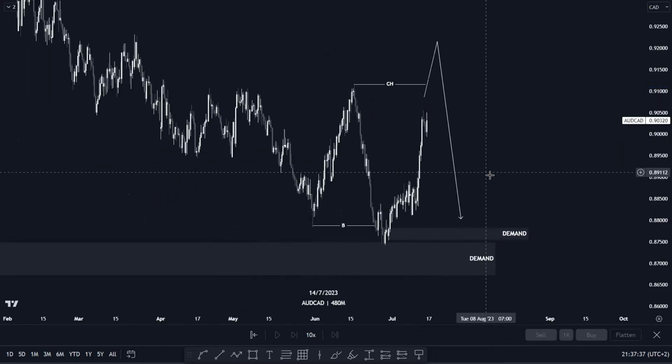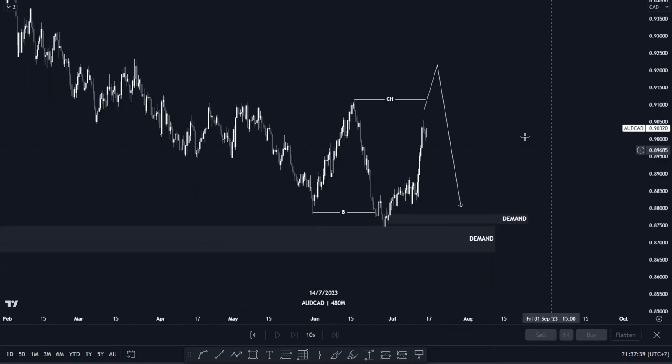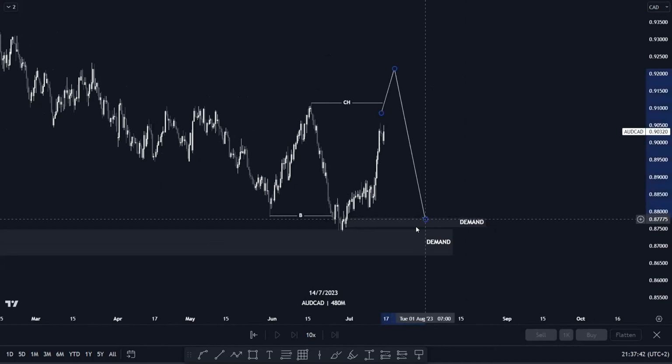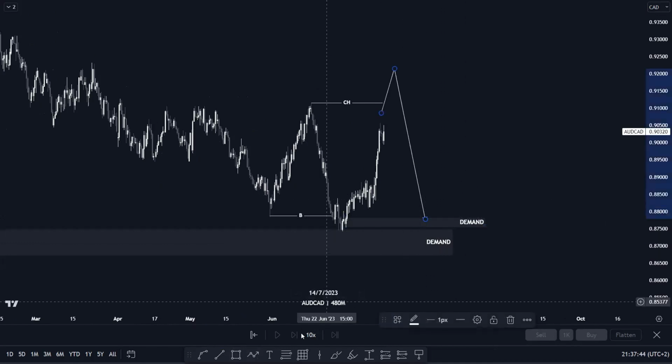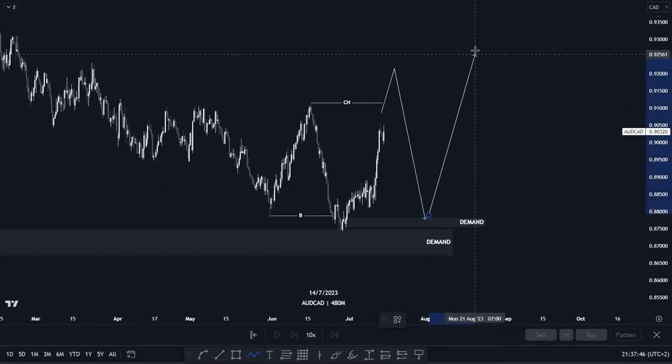This here is going to be our change of character. So what we'll be looking for is price tapping into our demand zone and pushing to the upside.